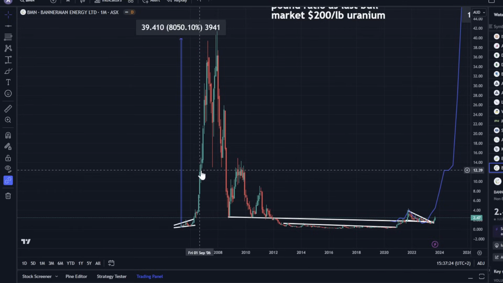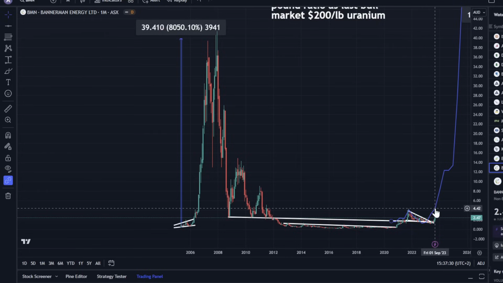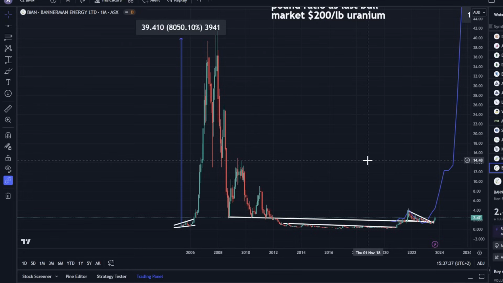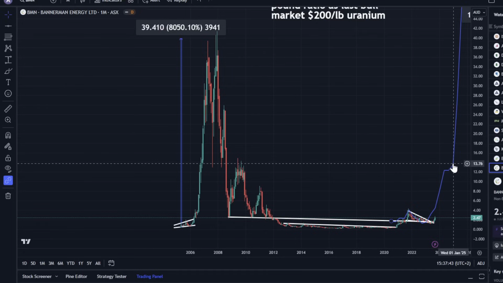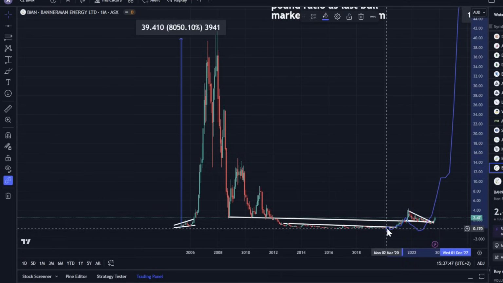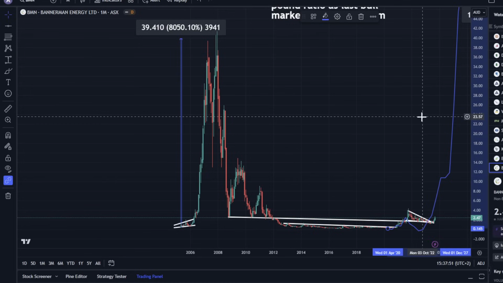I grabbed this fractal of last bull market and tried to scale it over this one as best I could. Then we'll get to see what the same 80 bagger, or 81 bagger, would look like, going from the bottom here. I tied that in. So let's see what this looks like.